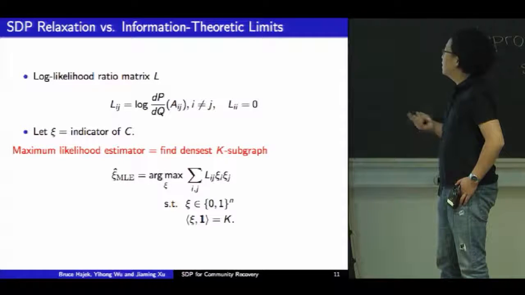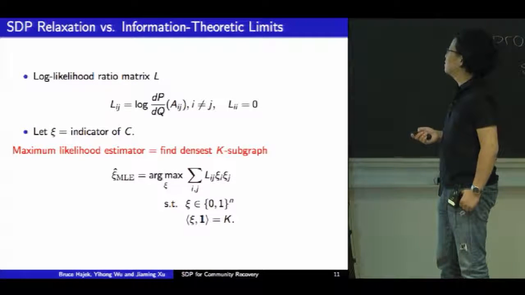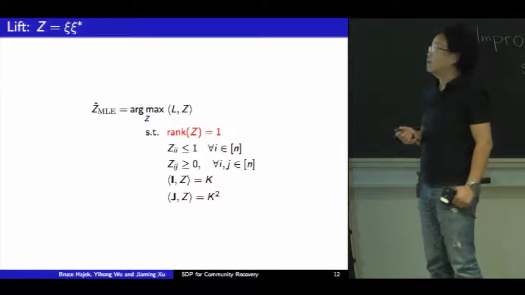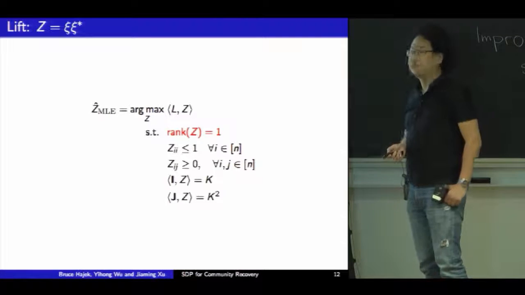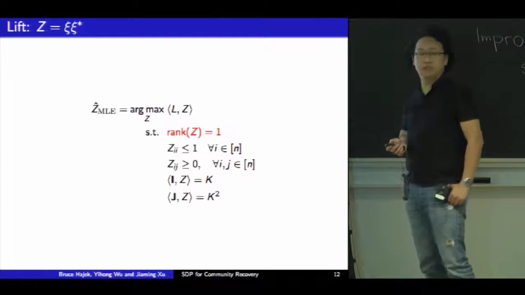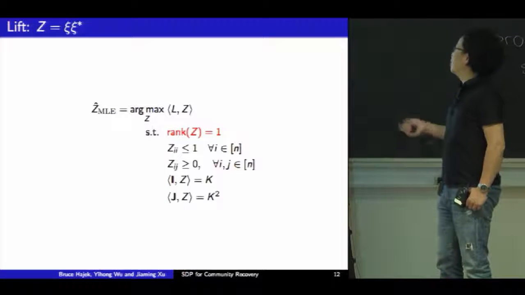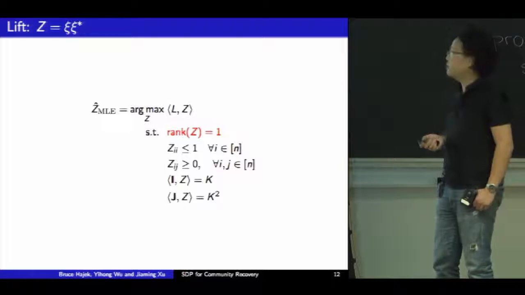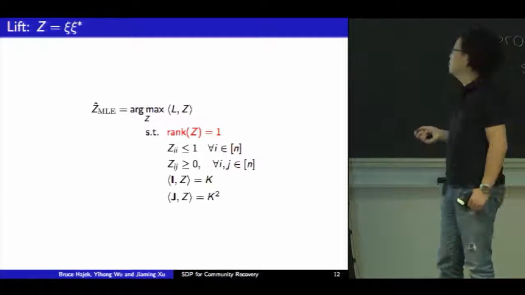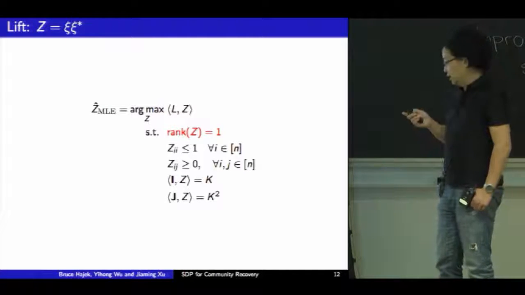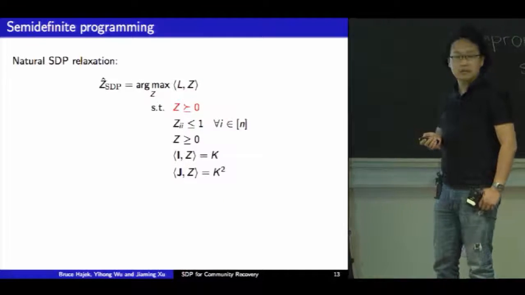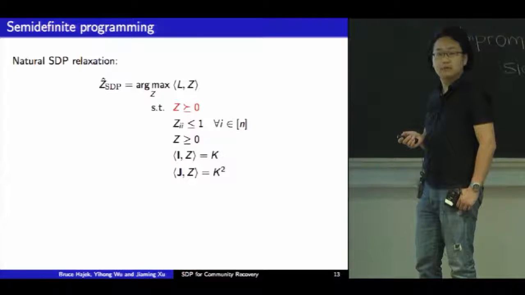Okay, so to obtain the convex relaxation for this, the usual way to do it is to lift it by considering the rank 1 matrix that corresponds to the indicator, and rewrite the same optimization problem, which in this case is still combinatorial because there is a rank 1 constraint, and the natural relaxation is to replace it by positive semi-definiteness, right?